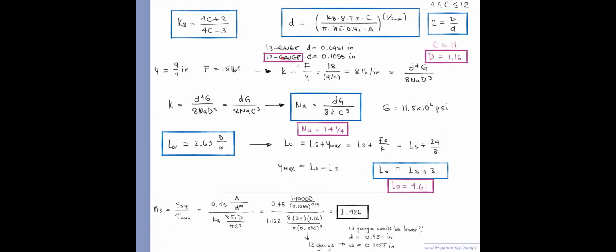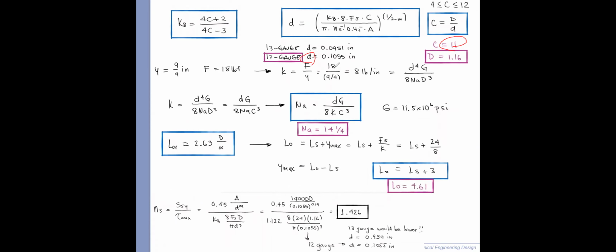Okay, so suppose we choose this 12 gauge with d equal to 0.1055, the spring index equal to 11, and the mean coil diameter equal to 1.16. So we know C, the spring index, and we know the diameter.